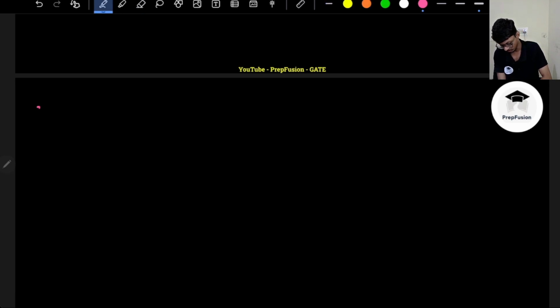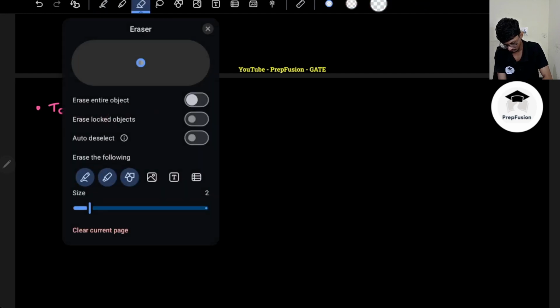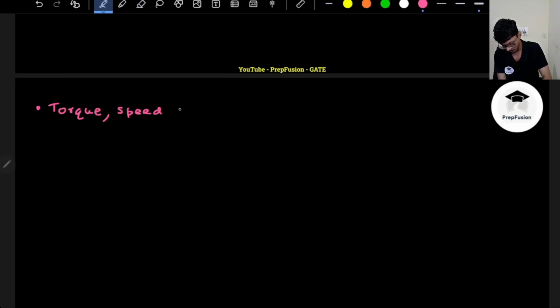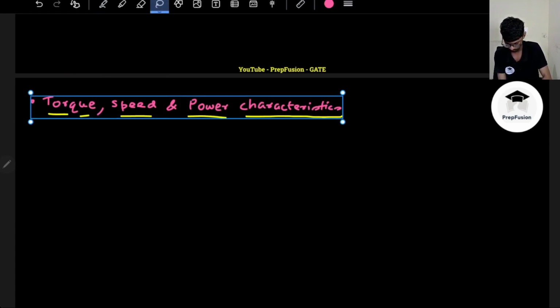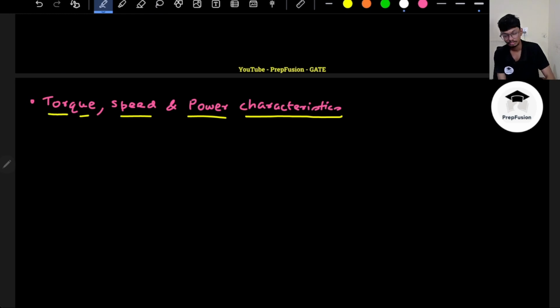If I want to discuss torque, speed and power characteristics, let us discuss torque, speed and power characteristics. The first one we discussed was the field flux control.